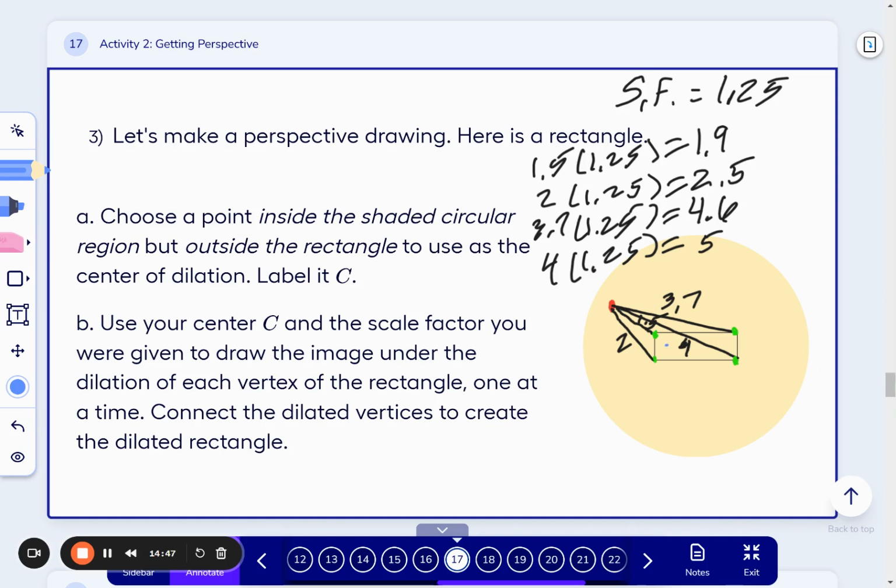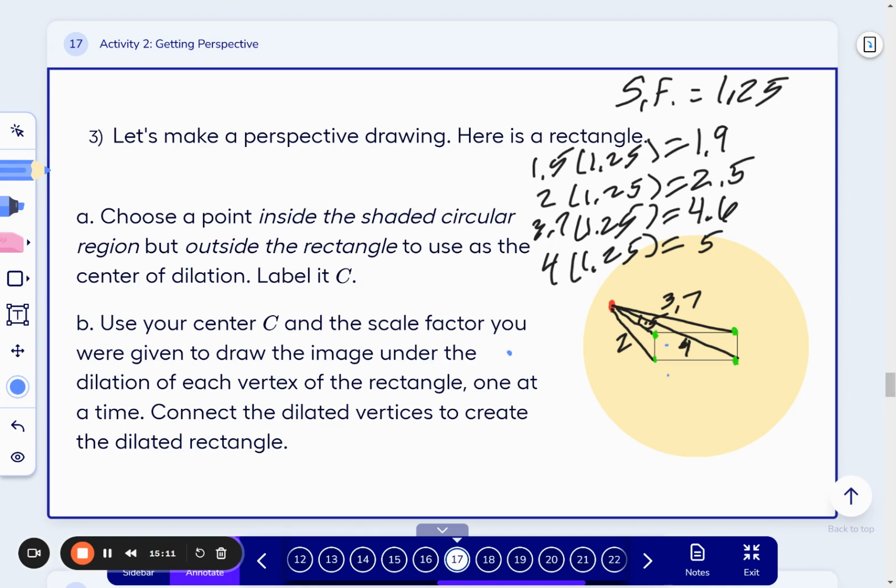This one would be 2.5. Right about, whoops, undo. Try to get better, sorry. Right there. 4.6. Oh, sorry, I'm going to do this one.